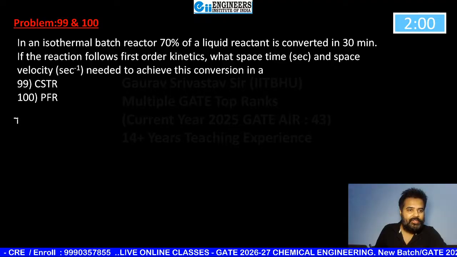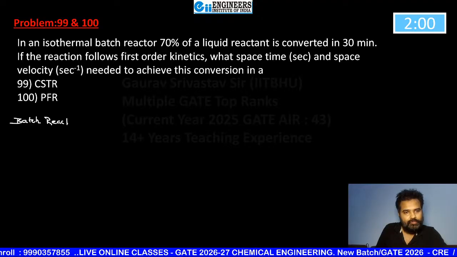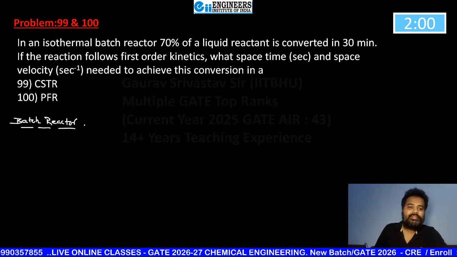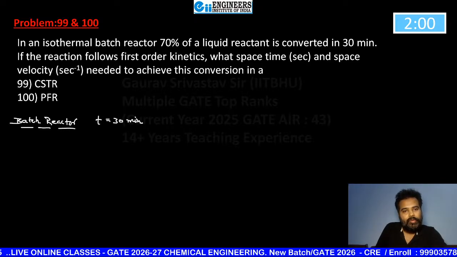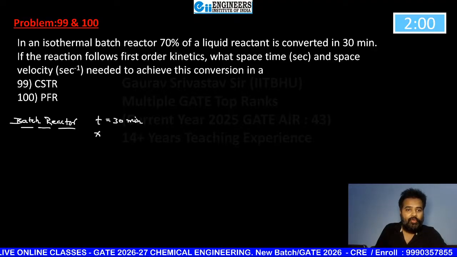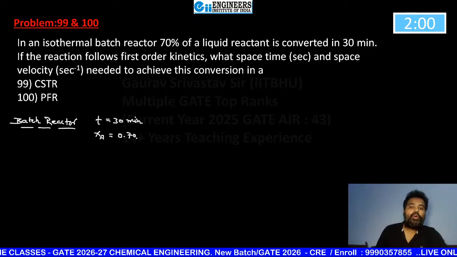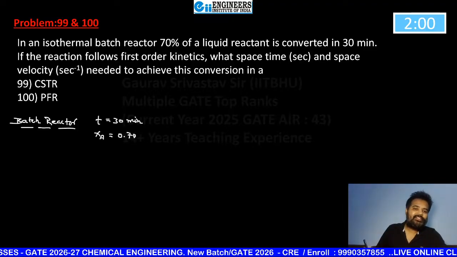That means first you have to deal with this for the batch reactor. Okay. So in this batch reactor, if the time is 30 minutes, then the value of conversion is 70%. Now, what space time and space velocity are needed to achieve this conversion in a CSTR and PFR.